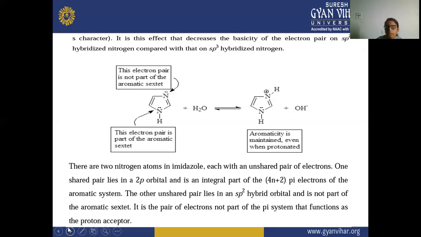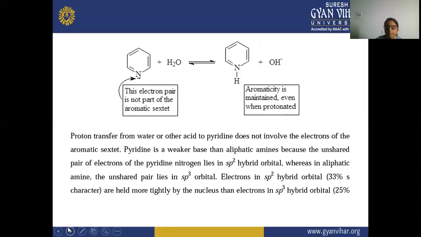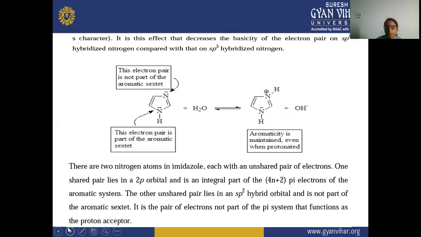Yes, the electron in the sp3 hybrid orbital, having 33% s character, is held more tightly by the nucleus compared to the sp2 orbital, and due to this there is a decrease in the basicity of the electron pair on sp2 hybrid nitrogen compared with that of sp3 hybridized nitrogen.